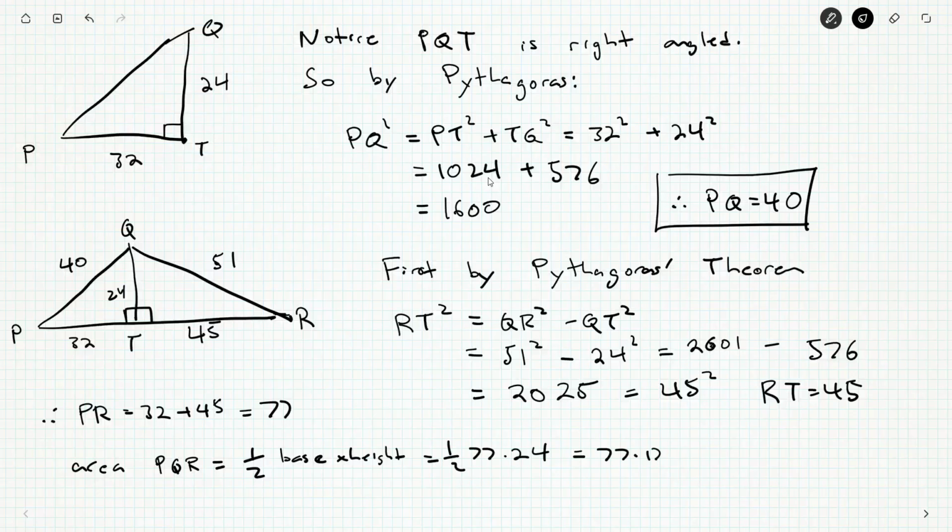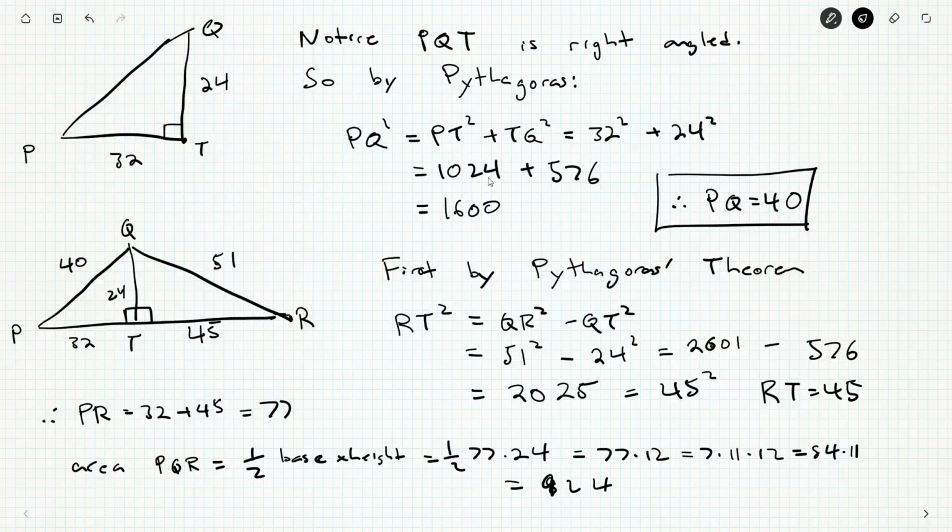So 77 times 12, I'm going to break that up, again trying to do this mentally, to 7 times 11 times 12. 7 times 12 is 84. And there's a nice trick for multiplying a 2-digit number by 11. The 8 and the 4, and then we add them together, we get a 12 in the middle. So 2 and carry the 1.